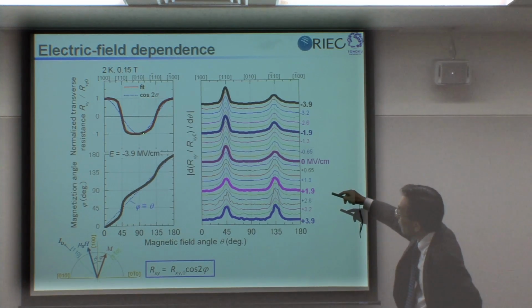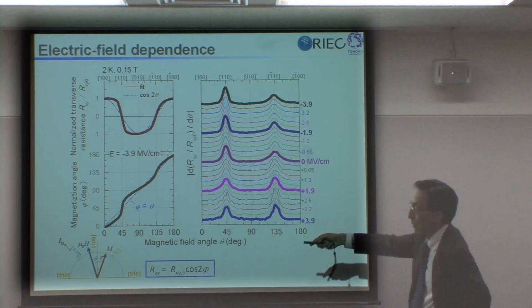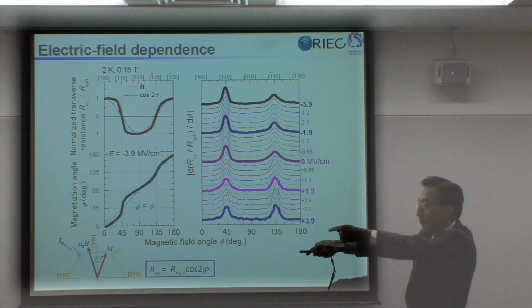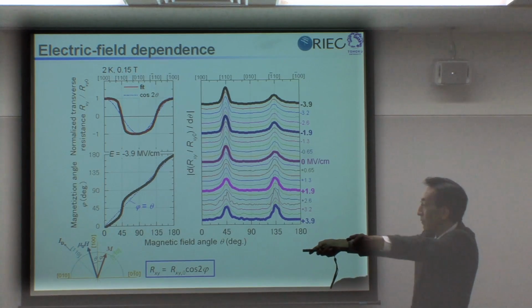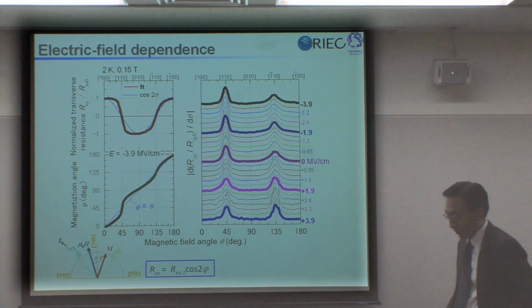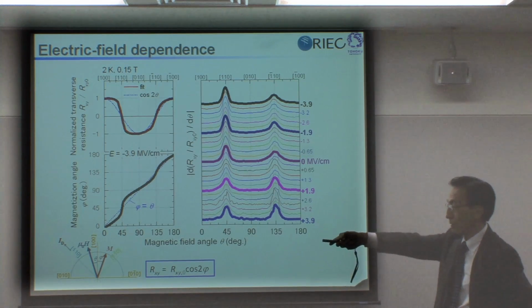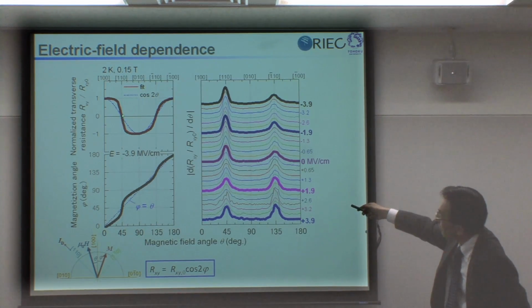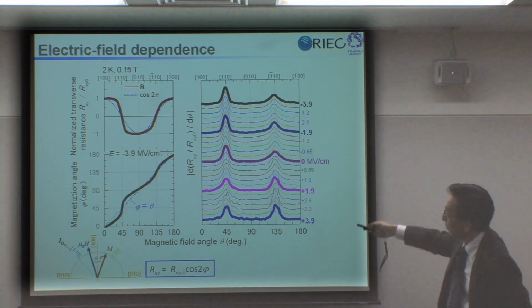Because even though you're changing the magnetic field direction, your magnetization stays there. Even if you change the magnetic field, your magnetization tends to stay there, which means that it's energetically stable. Conversely, this is your hard axis.